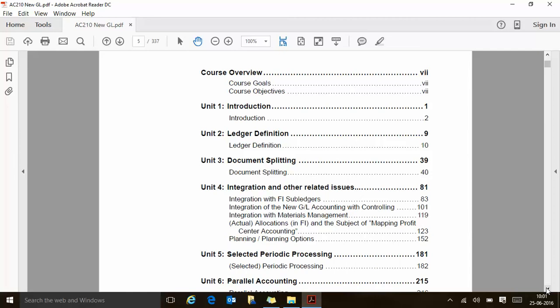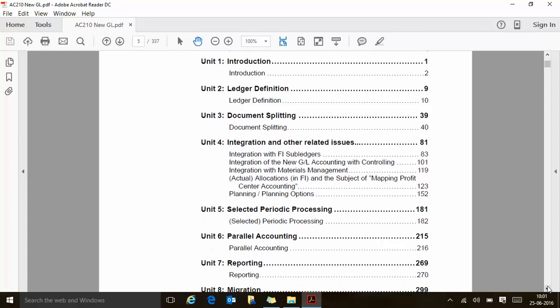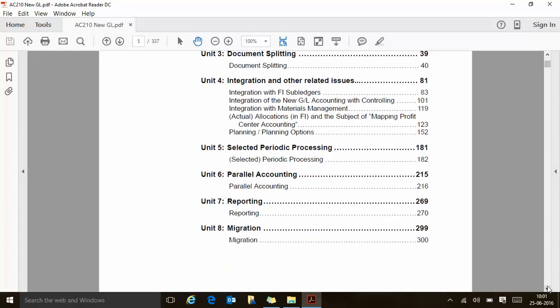And then we have integration with other areas like subledger, like CO, like materials management, and mapping of profit centers. And then we will go to parallel accounting, reporting, and then we'll talk about migration.